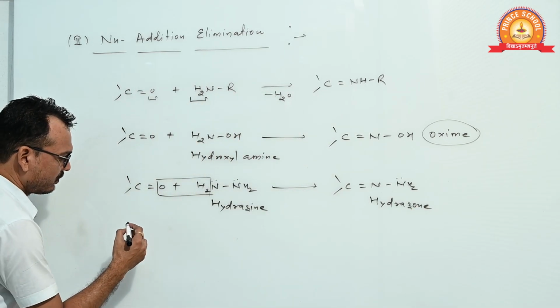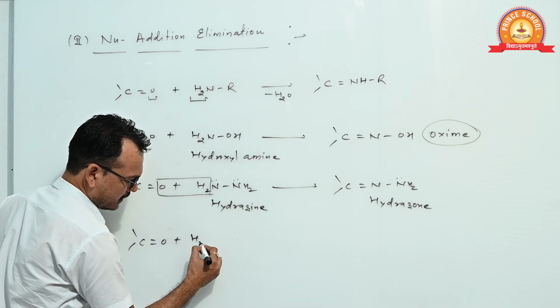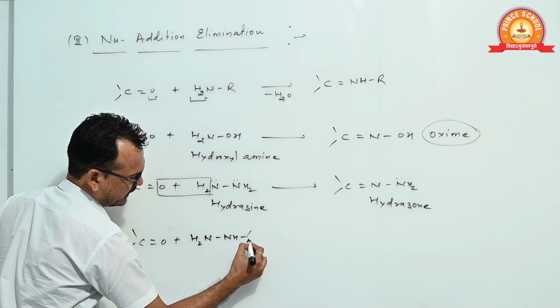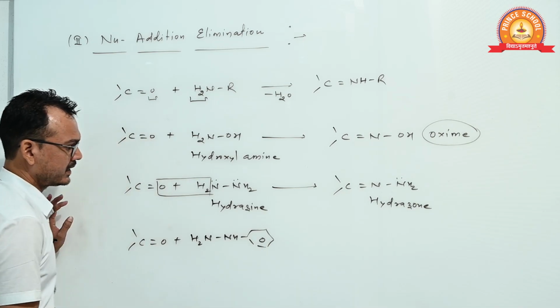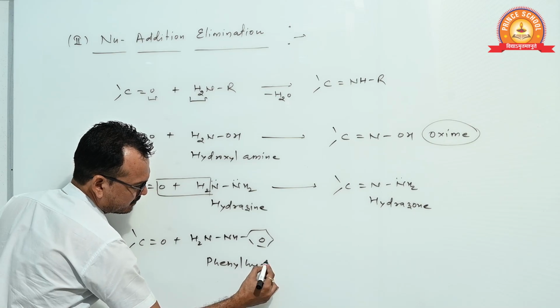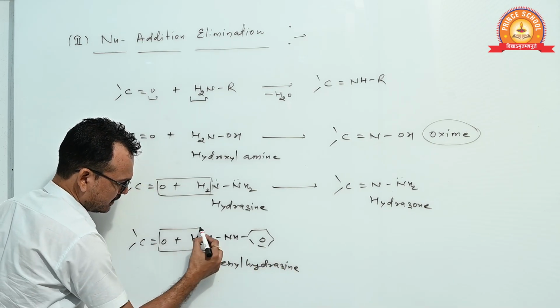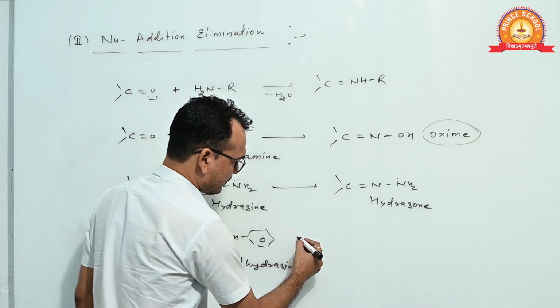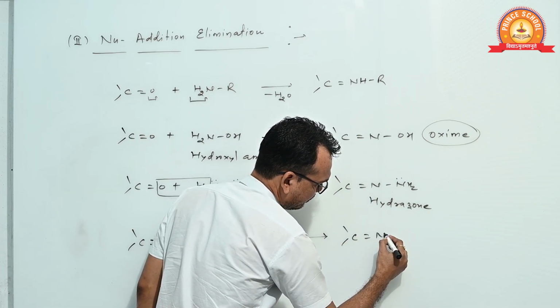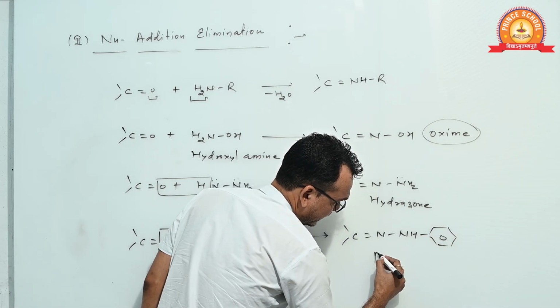Clear? When a carbonyl compound reacts with NH2 NH and this is the phenyl ring, it is the phenylhydrazine. It gives C double bond N NH phenyl, the phenylhydrazone.